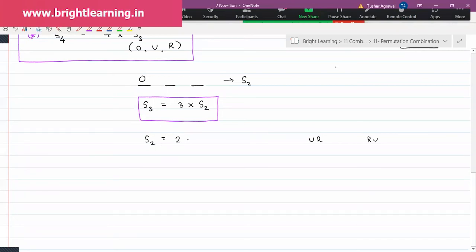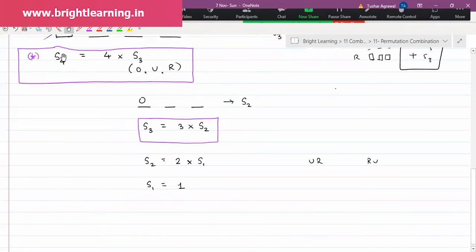S2 will be equal to 2 multiplied by S1. Now only one letter is left. In how many ways can you arrange it? It can be arranged in one way only. So now just go on substituting in our original formula. S4 is equal to 4 into S3.